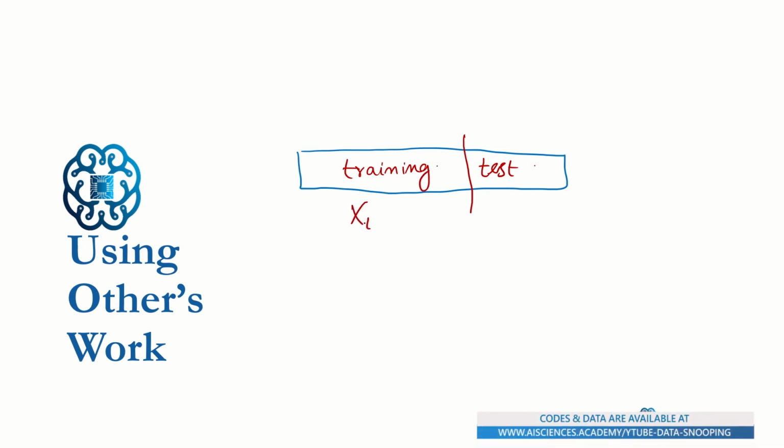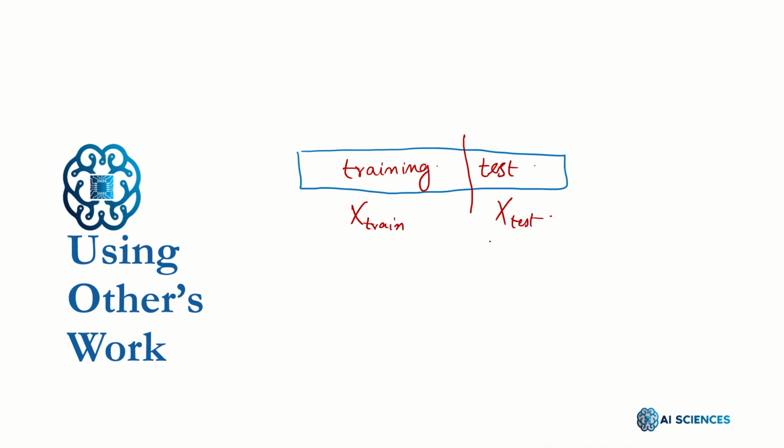So let's say this is X train, and this is X test. That is made public. Obviously, if it is supervised learning data, then there is a Y train and Y test as well. Now they have made the splits X train and X test available.